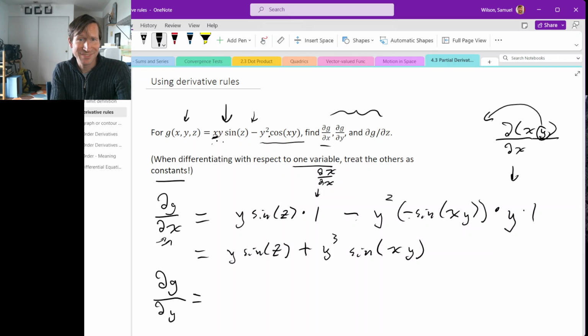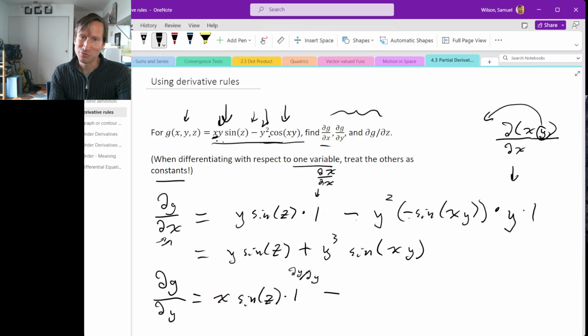We're just going to differentiate this, treating y like the variable. So in the first piece, y only shows up right here, so we can slide the x and sine z outside of the derivative, and then multiply by the derivative of y with respect to y, but partial y is 1, minus, and now we have to be careful, we do have a product here, but both of the parts of this product depend on y, so we do have to use the product rule here.